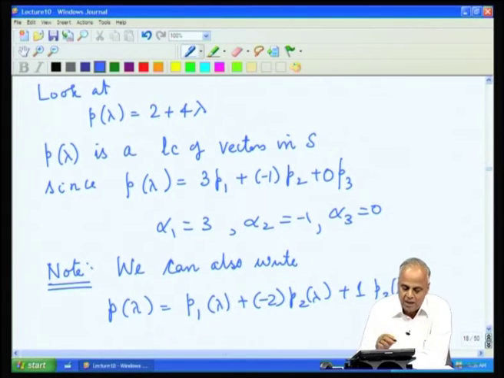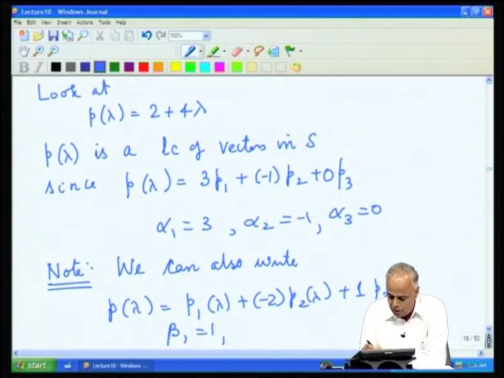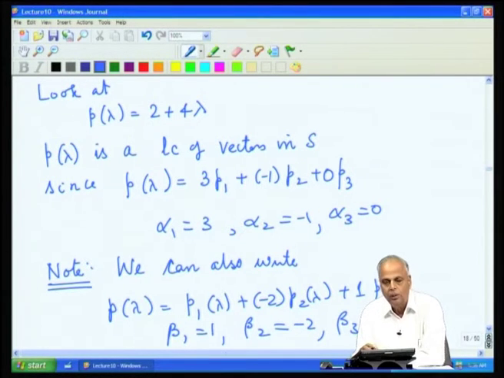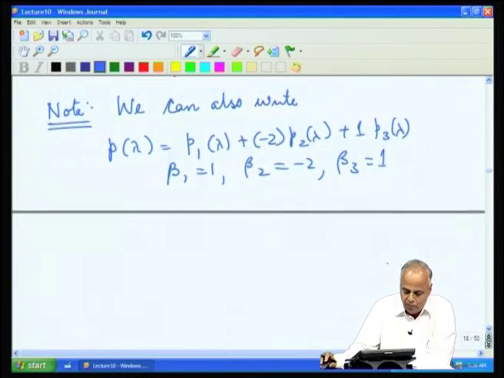Therefore, we see that the same polynomial P lambda is not only a linear combination of P1, P2, P3 written one way, it can also be written as this linear combination. So, we have now chosen beta 1 as 1, beta 2 as minus 2, beta 3 as 1. So, the same vector may be possible to express in more than one different way as a linear combination of the vectors.